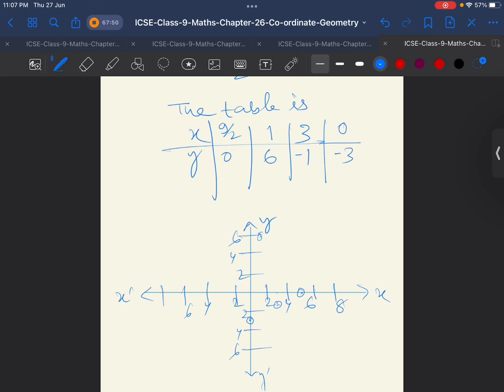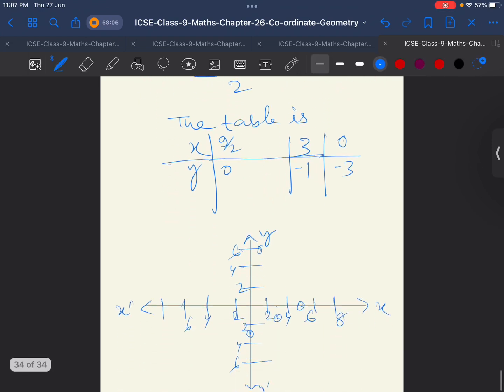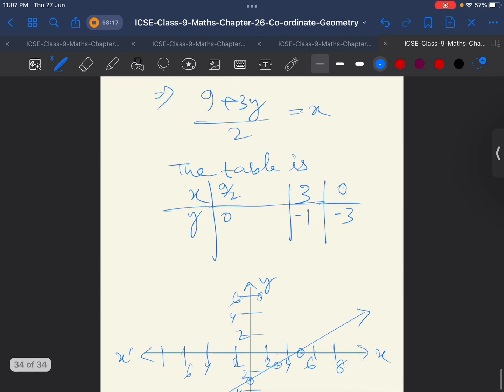So this point will be here. Okay, we don't need this point. So the straight line will be here. This is the straight line.